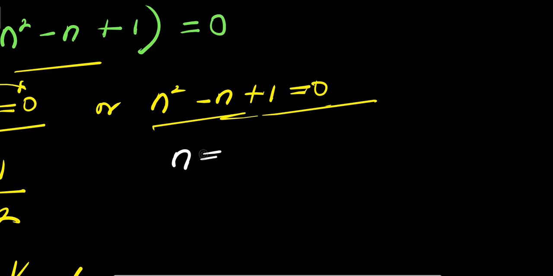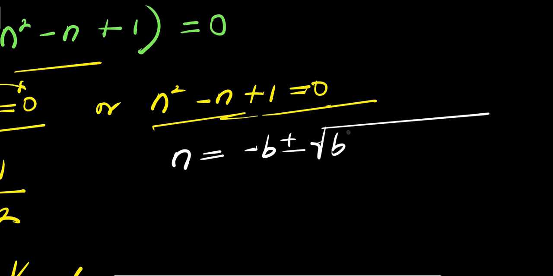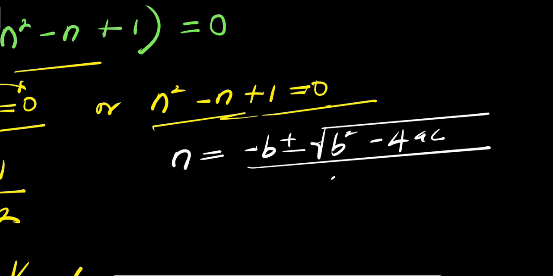So you have n equals negative b plus or minus square root of b squared minus 4ac, divided by 2 times a. 1 is my coefficient of n squared, that is a. This is negative 1, that is the coefficient of n, that is b. This is c.